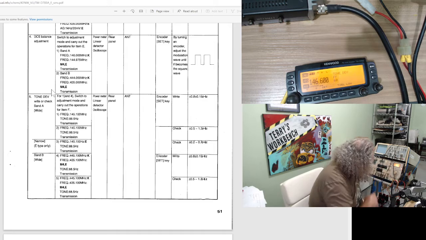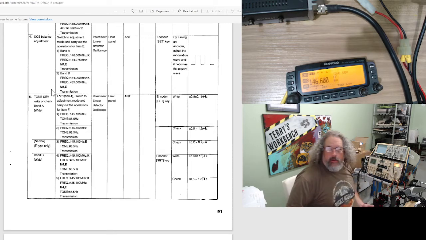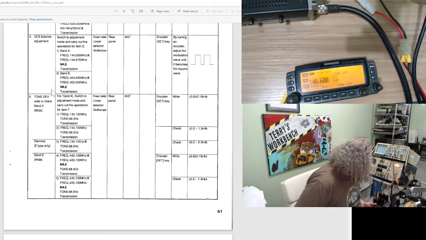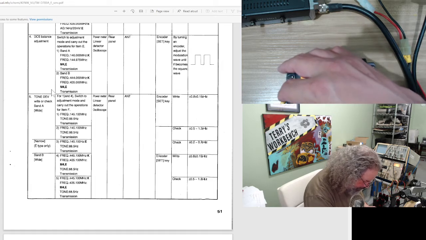That's looking like 0.05. Should be 0.8. So turn up just a little bit.